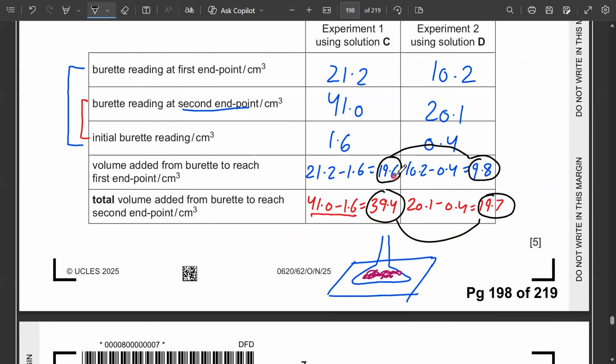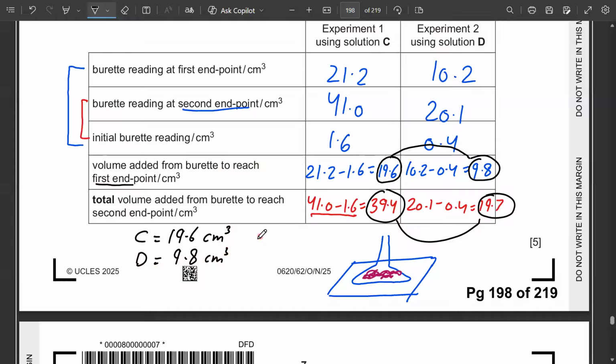So I'm gonna choose the first value of the first endpoint. So you can see the solution C is used by 19.6 cm cube and solution D is used by 9.8 cm cube.